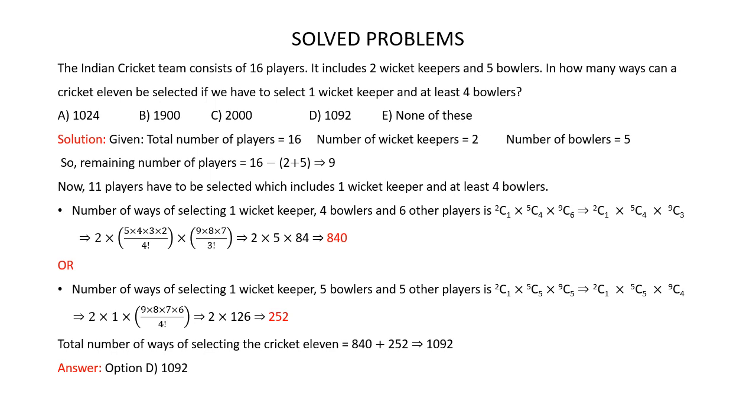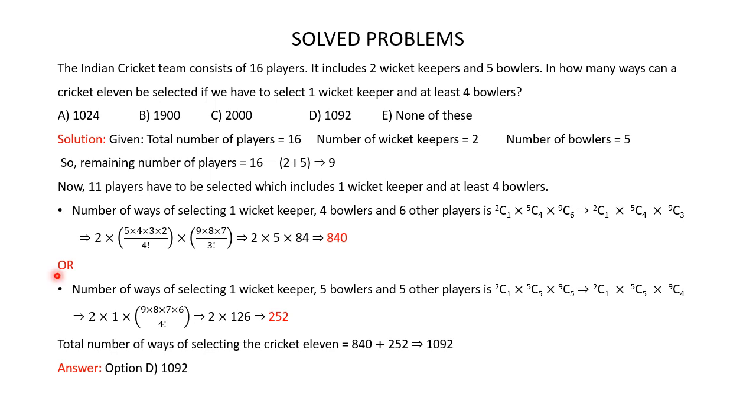So now the 11 players can be 1 wicket keeper, 4 bowlers and 6 other players, or the 11 players can be 1 wicket keeper, 5 bowlers and 5 other players.